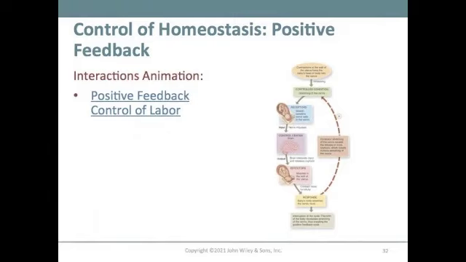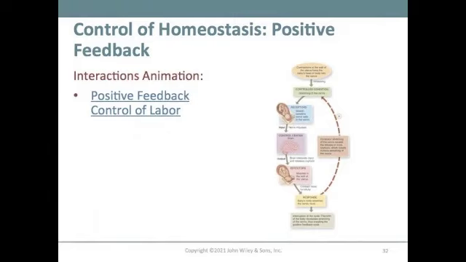It sends the input to the brain, the control center, and then the brain is going to output the instruction. It's going to tell the body to release this hormone, oxytocin. And when that happens, the effectors are the muscles in the wall of the uterus, and they're going to contract more forcefully, and thereby the baby's going to be pushed, and the cervix stretches even more.